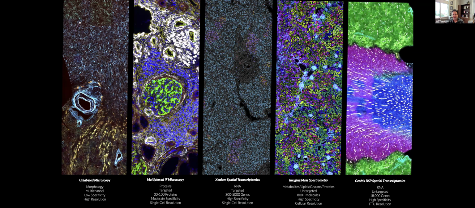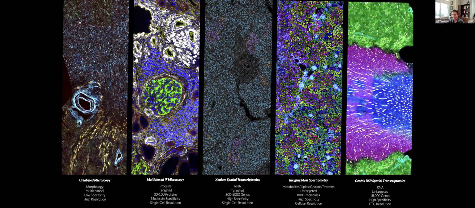We focus on everything from untargeted, label-free forms of microscopy, simple things like autofluorescence microscopy, as shown here on the left, where we get broad-scale morphology of the tissue. It's low specificity, but it's cheap and relatively high resolution.